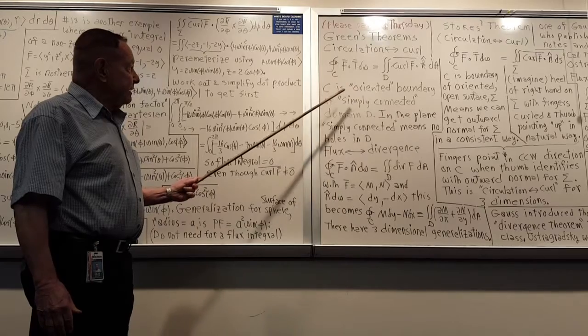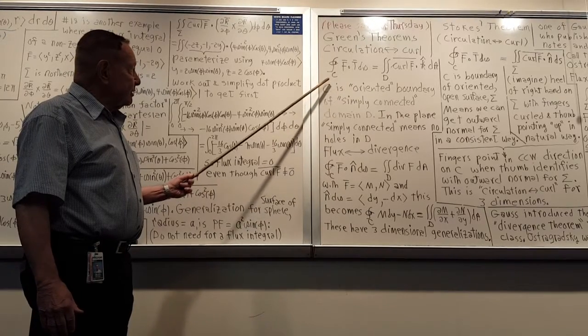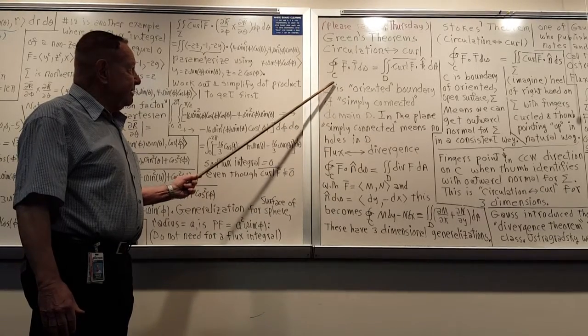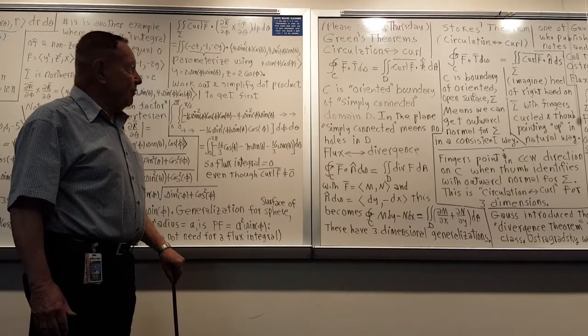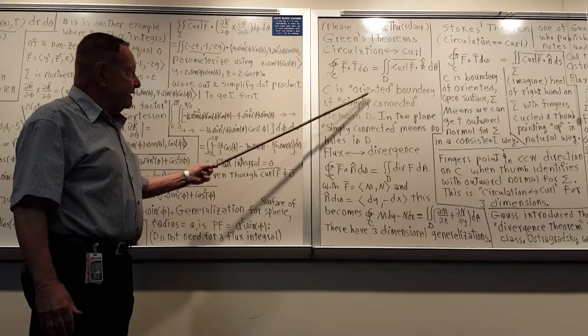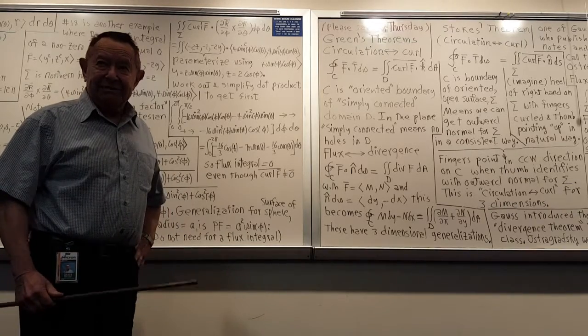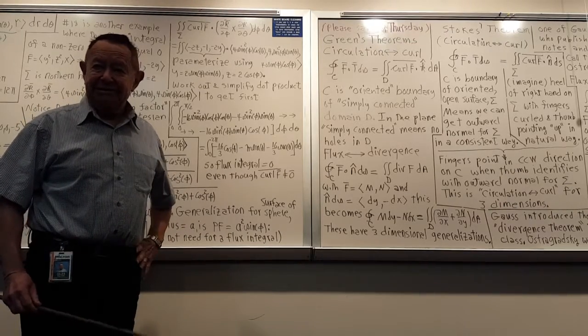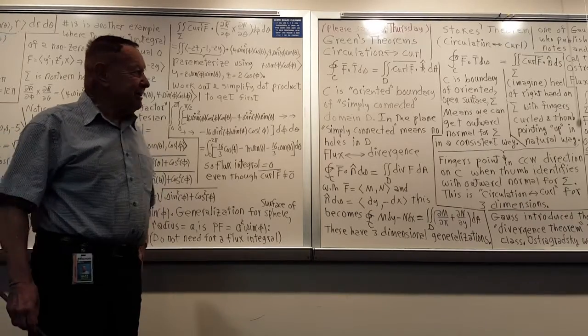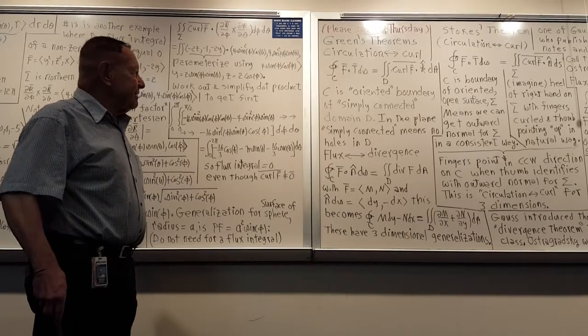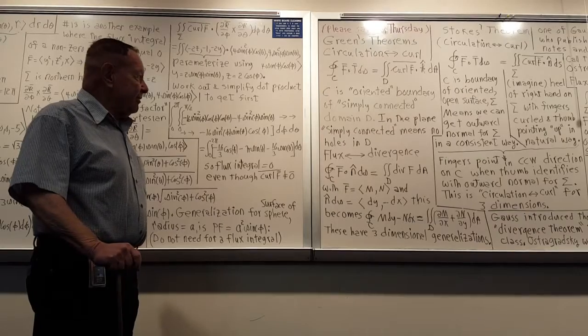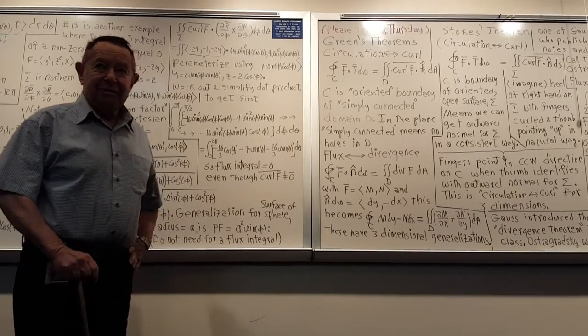So what is required is that the closed curve is the oriented boundary. I'll be talking today about just what this oriented means, and that relates to your little models there of what we call a simply connected domain.